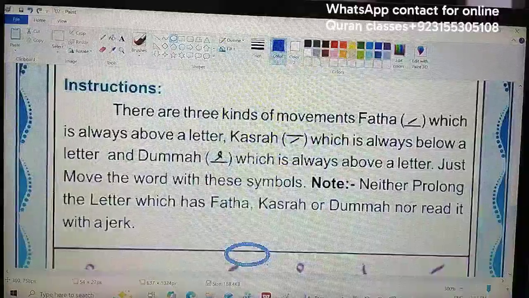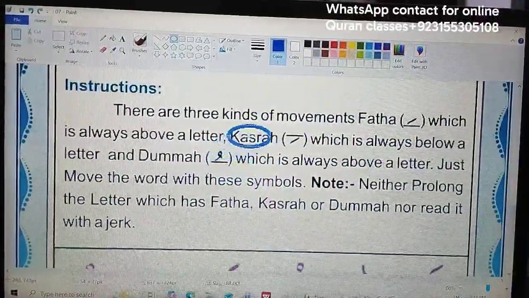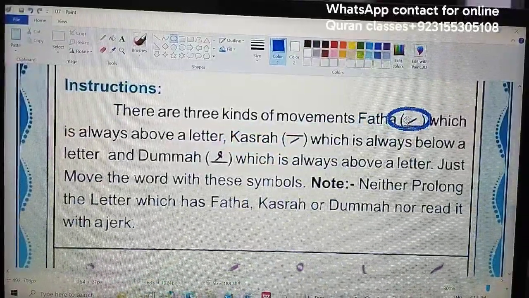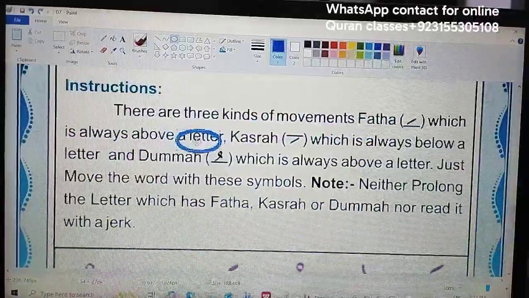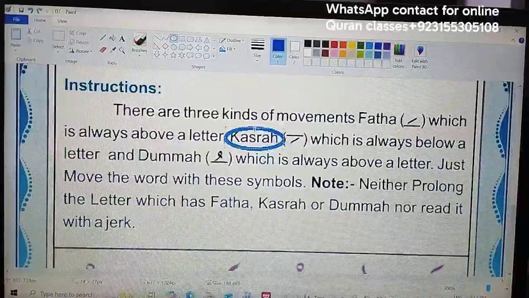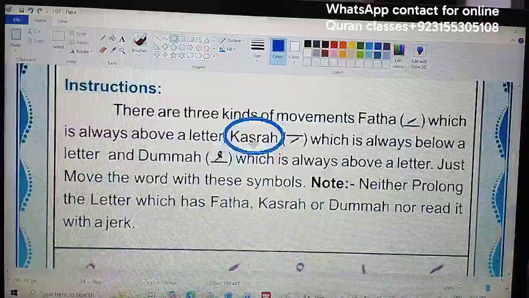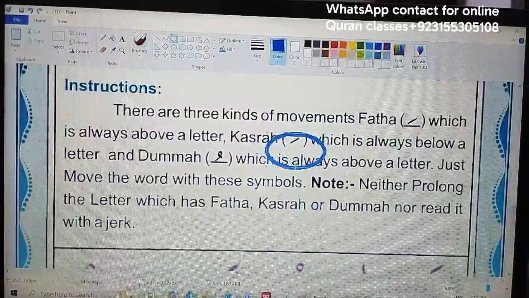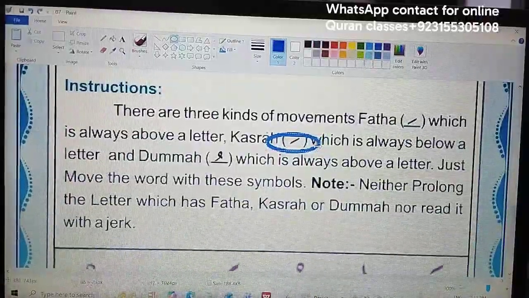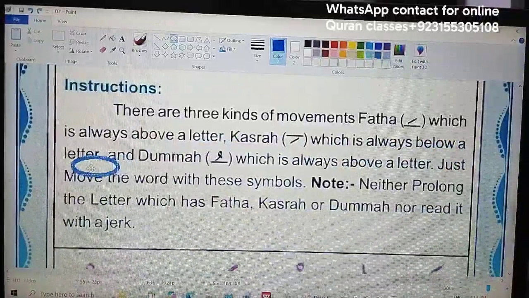Okay, so the second movement is kasra. You see here the name of the sign, the second movement name is kasra, and the shape of kasra is also the same as the shape of fatha, this one, and it is always below a letter.